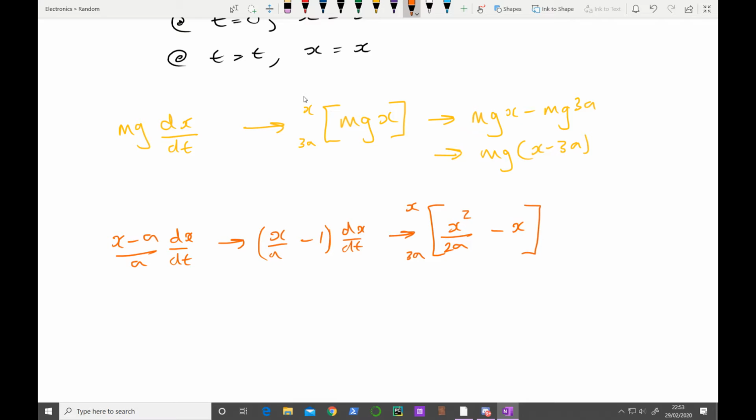So when we do that, we end up getting x squared over 2a minus x, take away 3a squared over 2a minus 3a.